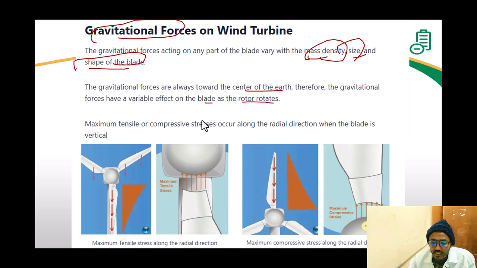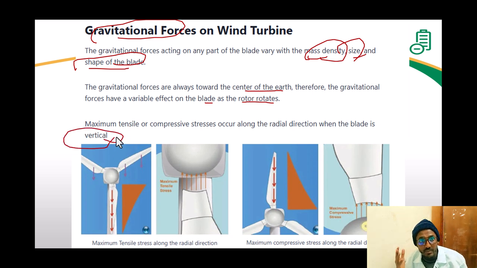So maximum tensile or compressive stress may occur in the radial direction when the blade is vertical, and when there is a gravitational force towards the earth, there might be maximum tensile or compression stress.